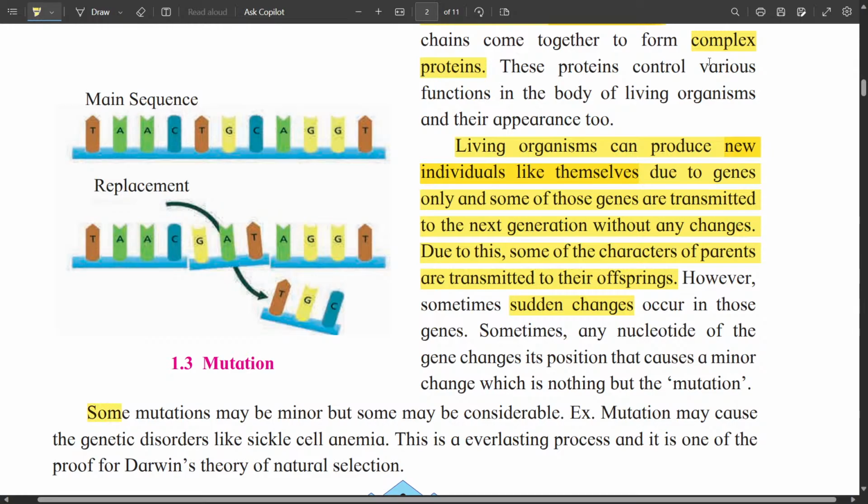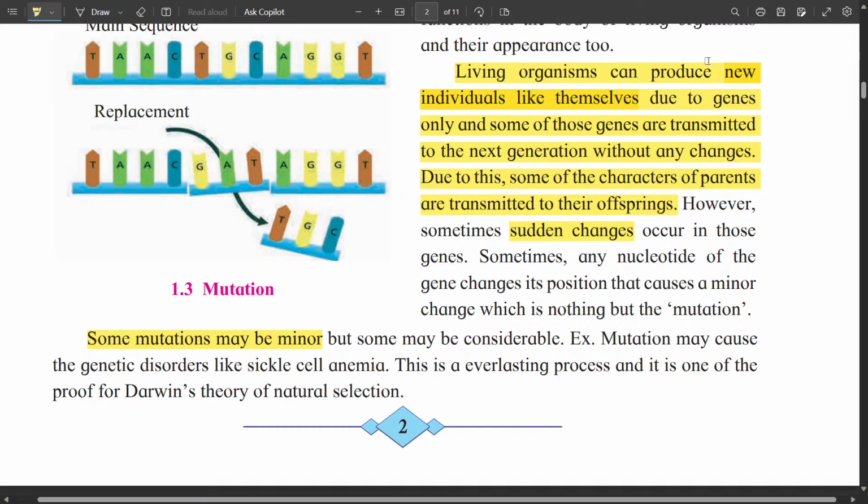Some mutations can be minor, but some can be serious. For example, in sickle cell anemia, the mutation is such that the shape of the red blood cells changes and that causes anemia. Anemia is insufficient supply of oxygen to the cells.